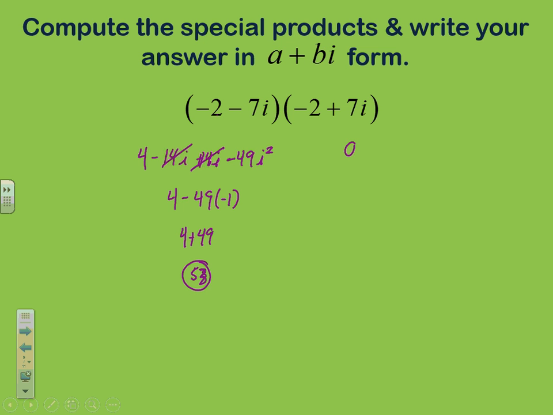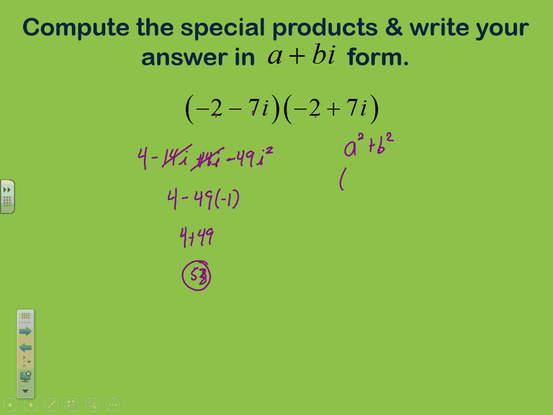And if we do the a squared plus b squared thing, if you notice, a in both of the expressions is a negative 2, but the b in one I have a negative 7 and the other one I have a positive 7. But it doesn't really matter what the sign is because when we square it, it still winds up to be a positive number.